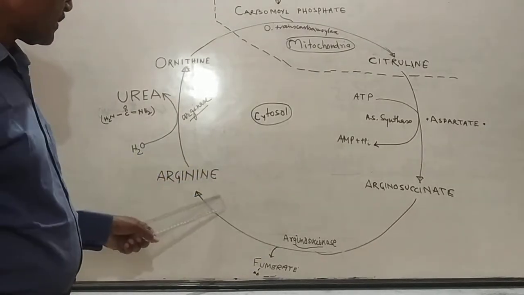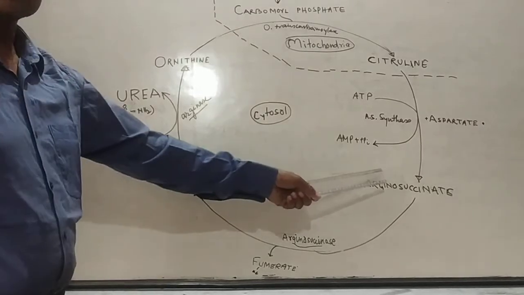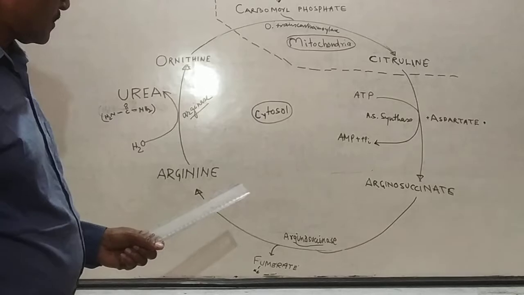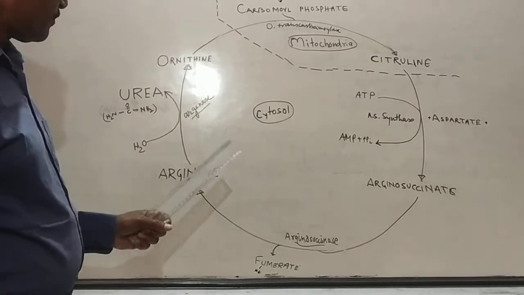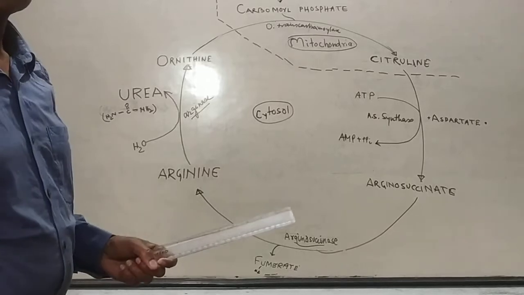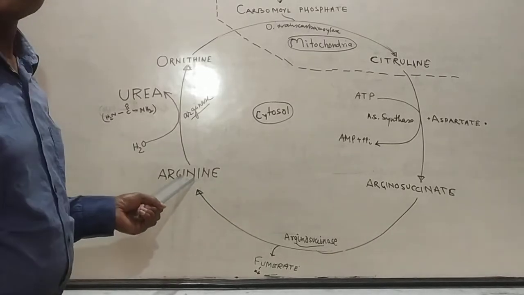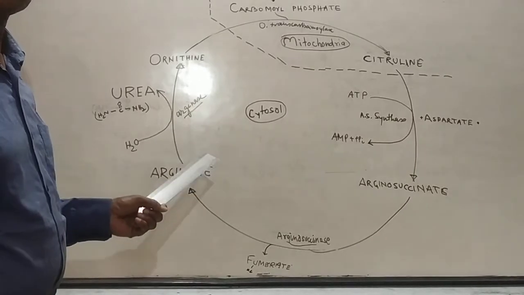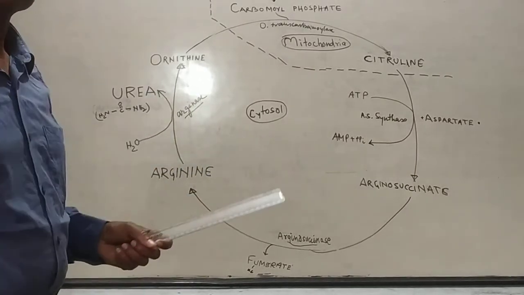So this cleavage of argininosuccinate gives arginine and fumaric acid, which help in the synthesis of urea. That means here arginine is used as the precursor for urea.